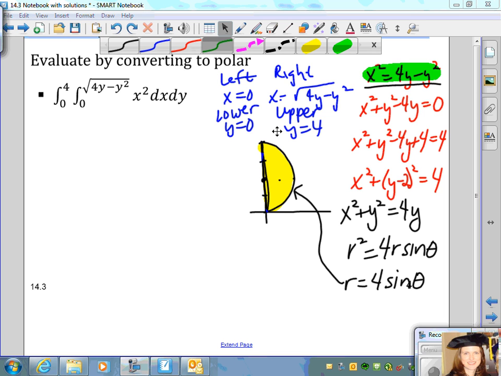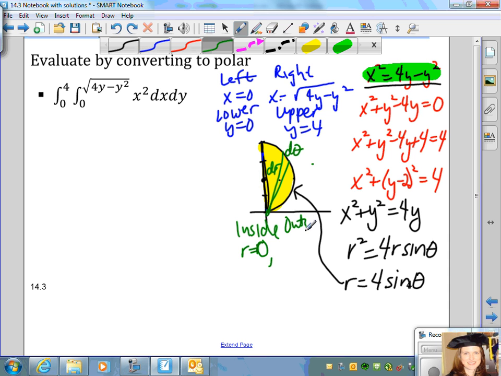So if we slice this like a pie, that little section there is d theta, this big section here is dr. We can say the bounds for r would be your inside radius would equal 0, and then the outside radius is on that circle.